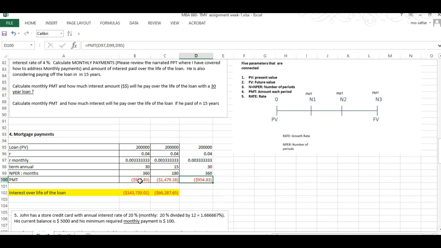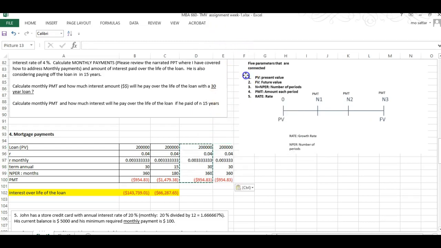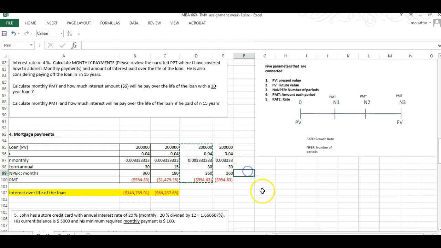Now, if I wanted to do this again, but for a different period, I just copy this and put it over here, and move this around a little bit. The amount is the same, the rate is the same, so the monthly rate will be the same. The only difference is going to be the term. If it's a 15-year, I'll just make that 15.